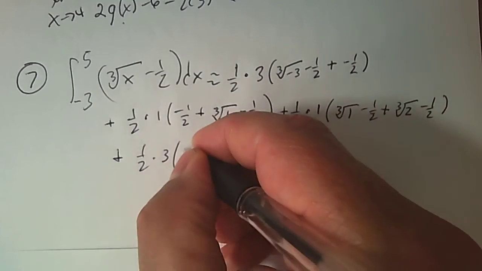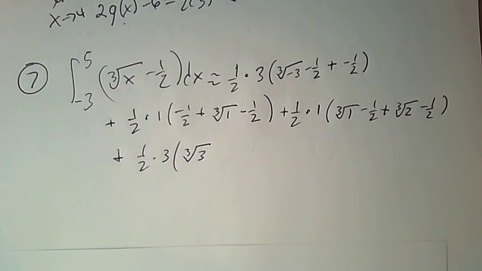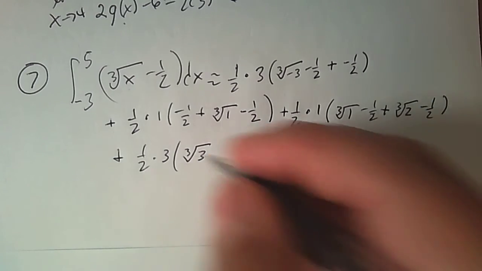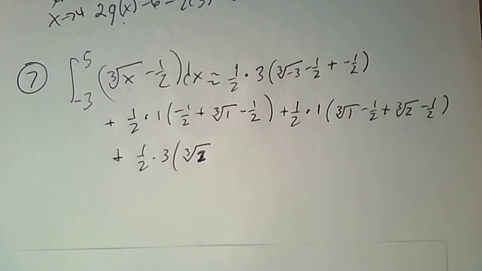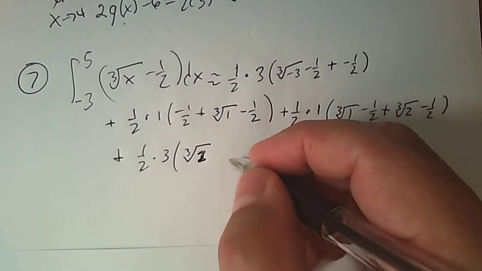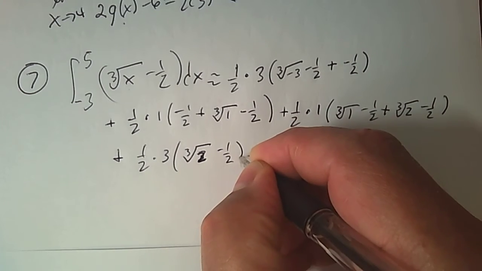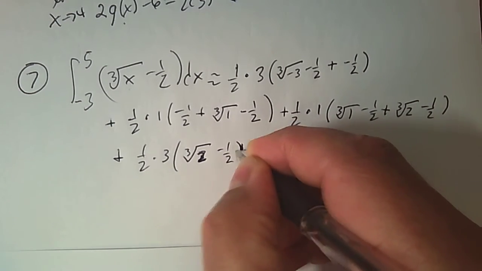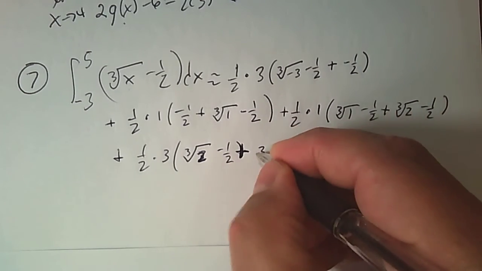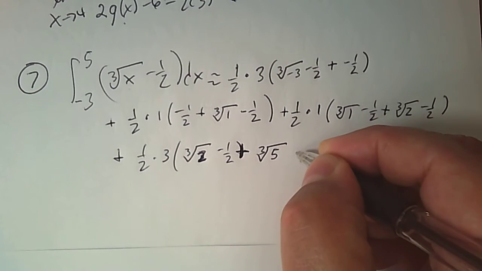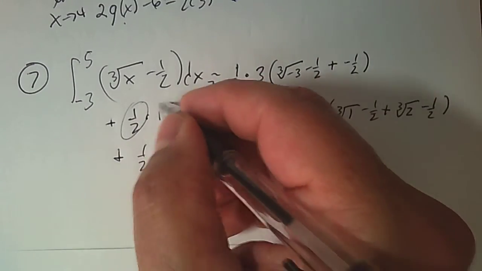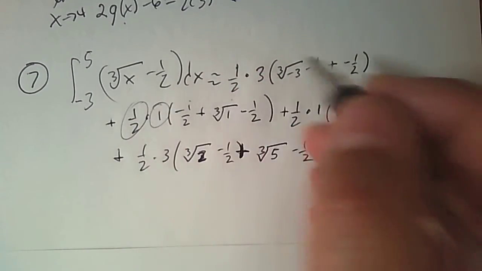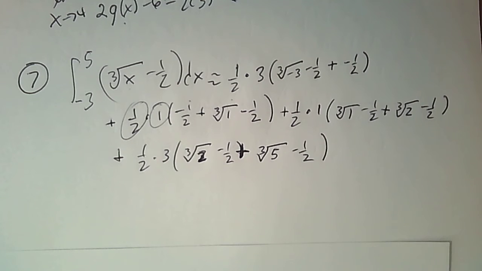Then you plug in 2, sorry, 2 to 5. So you plug in 2, plus the second height, plug in 5. And you have it. So the pattern of the trapezoid is 1/2, the width, and then you add the 2 heights using the values that you're given.